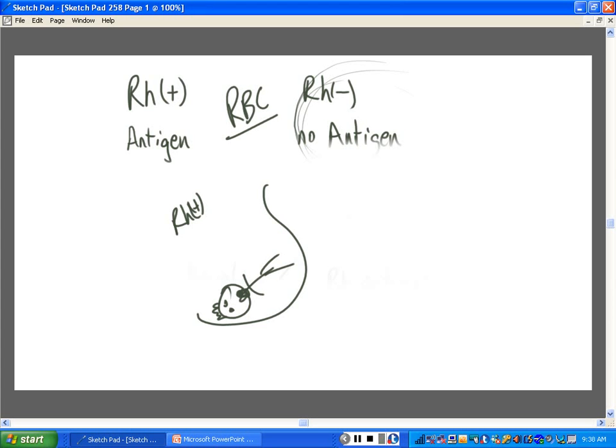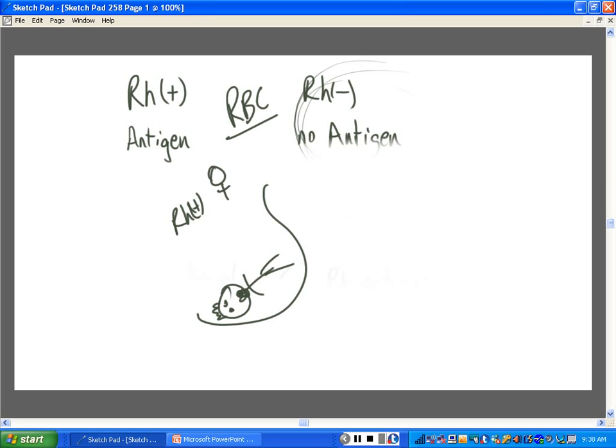If you're Rh positive, would you develop antibodies to destroy your own blood? So is there any way a positive person could develop them? No. So we never worry about a positive mom. If there's an Rh positive mom, this doesn't even matter at all.